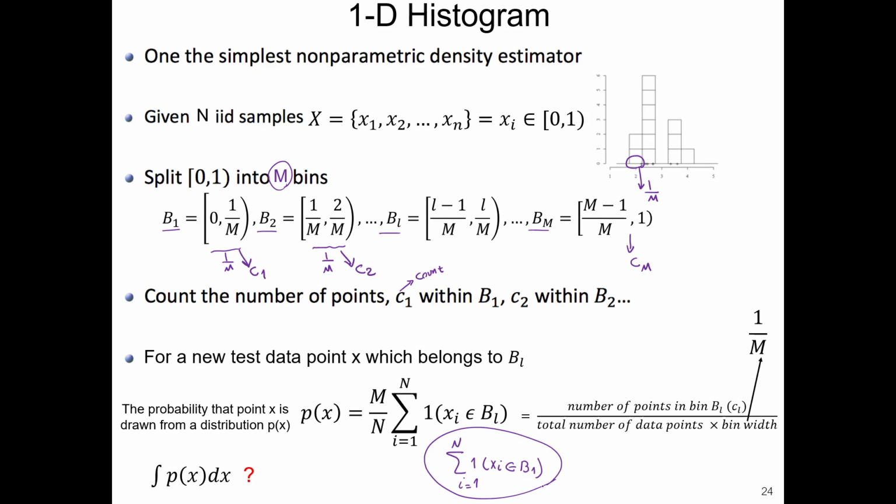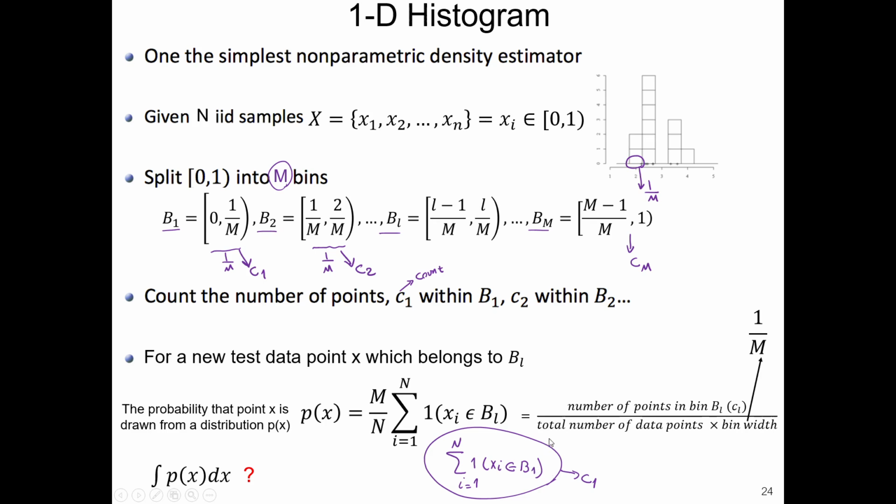When you sum up all these ones, it becomes the number of data points in that bin. So essentially, this represents the C value for us. For instance, C1. I'll just put an example here.